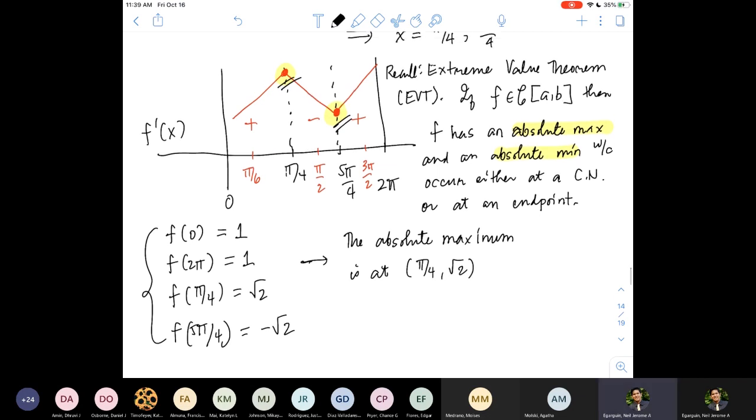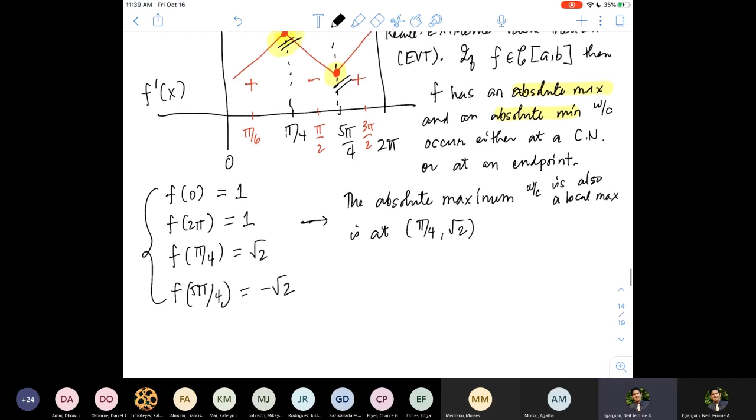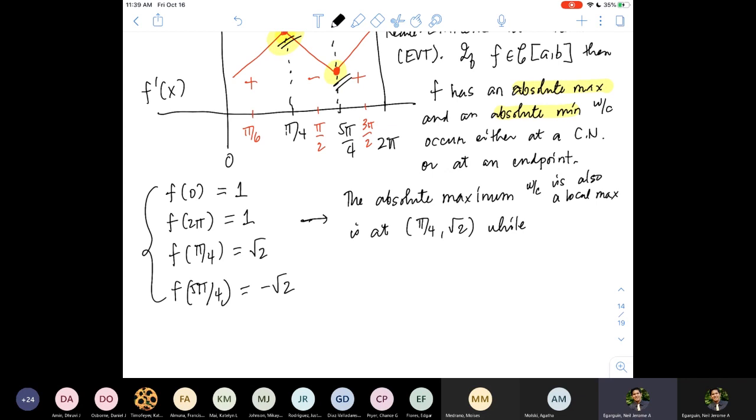But remember that the pi over 4 we have already concluded earlier will give us also a local maximum. So this is also a local maximum, at pi over 4 comma square root of 2, while the lowest value is our absolute minimum.